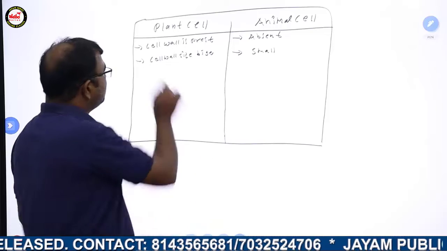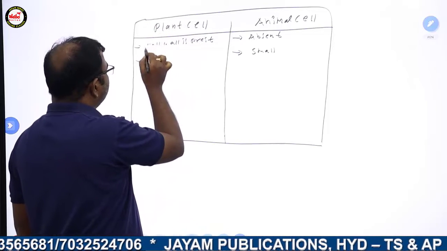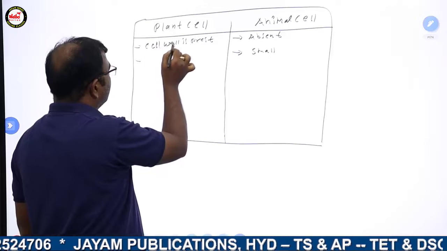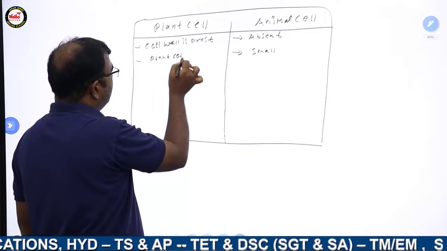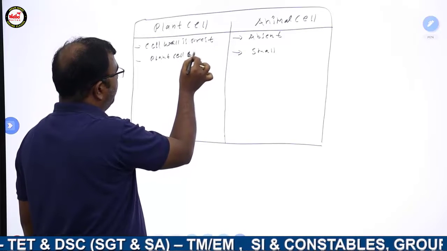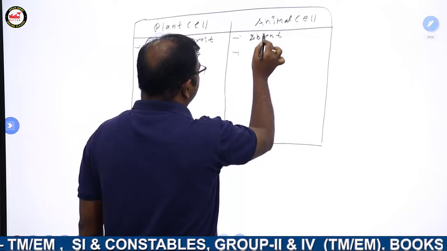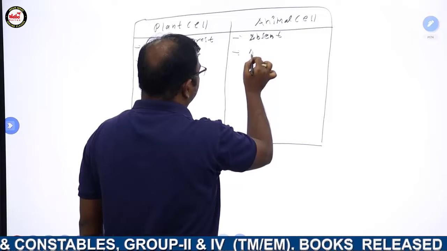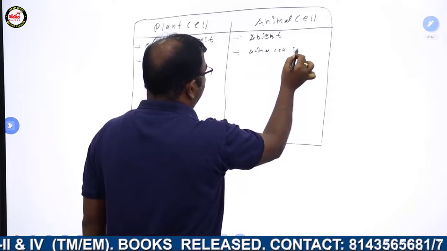The plant cell size is big and the animal cell size is small.